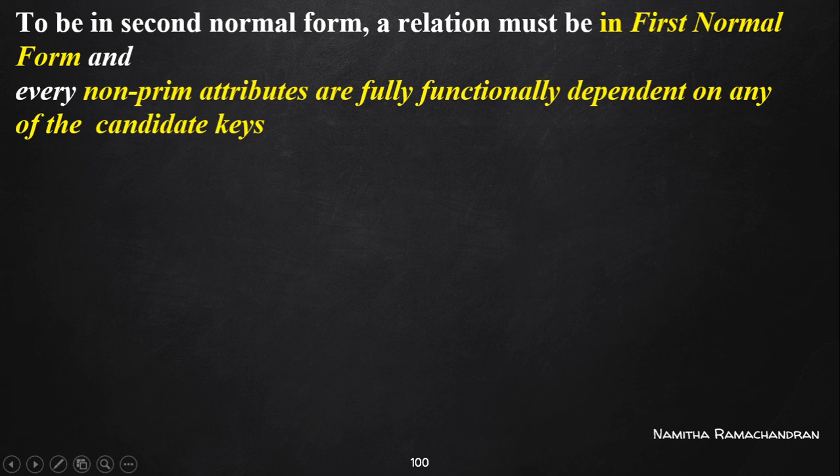This condition is used for removing redundancies due to dependencies like this: a prime attribute derives a non-prime attribute.